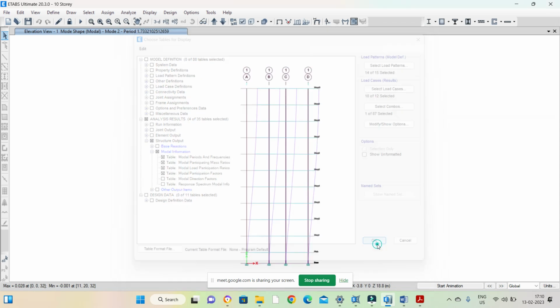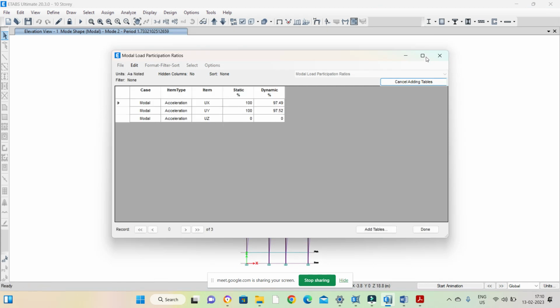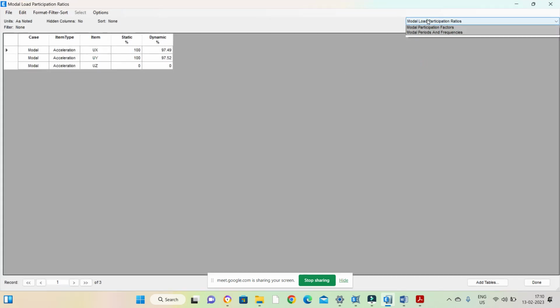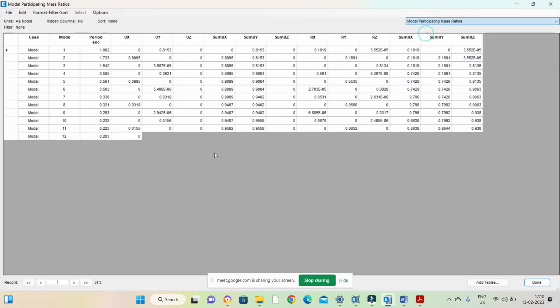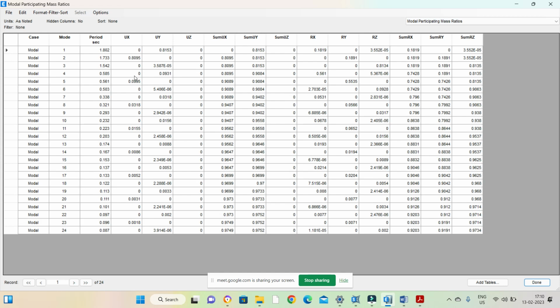Let us see what we can check here. This is the first mode, and the contribution you can see is in y. It means it is confirmed that this mode is the mode of y direction. Then you can see the second mode. The contribution is in x, but there is no contribution in y.